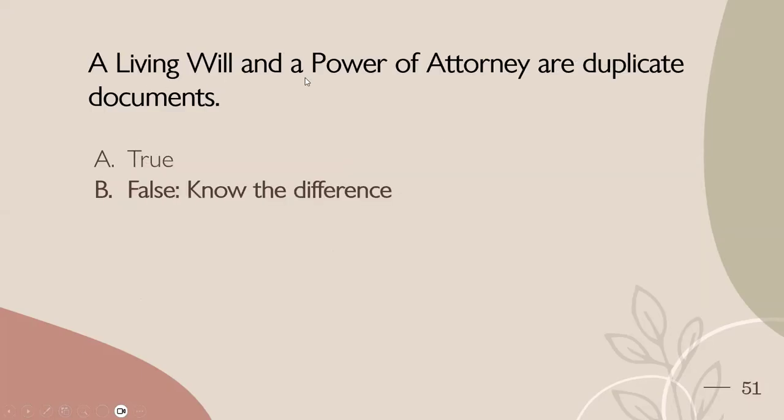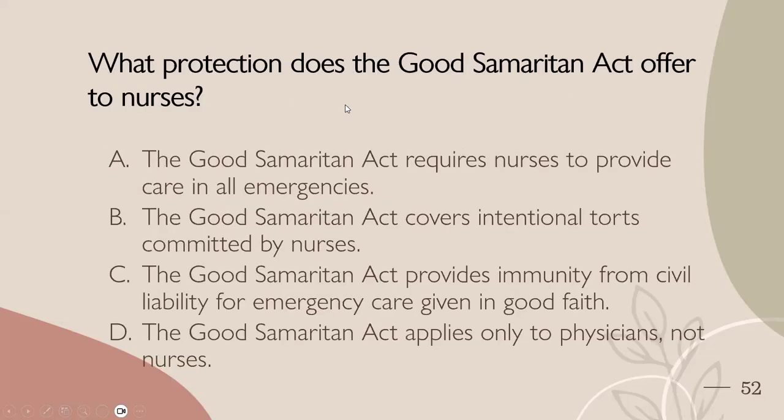A living will and a power of attorney are different documents. One specifies a person to decide, and the other has it all laid out in writing so no one has to make a determination. It's a legal document, and people list all different kinds of things on them.